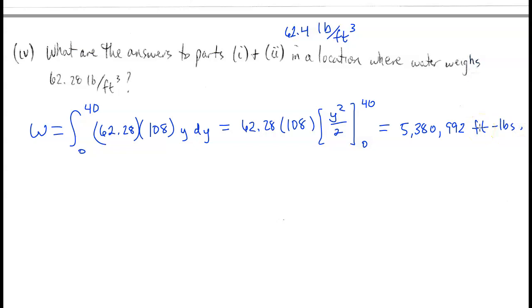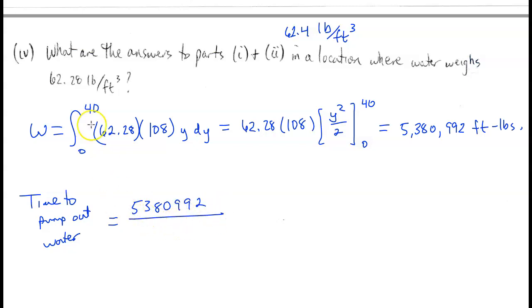Okay, and of course, the time to pump out the water using the same motor that we had last time. We're just going to take the same amount of work here, and we're going to divide that by the 200 foot-pounds per second times 60 seconds to get it in minutes.